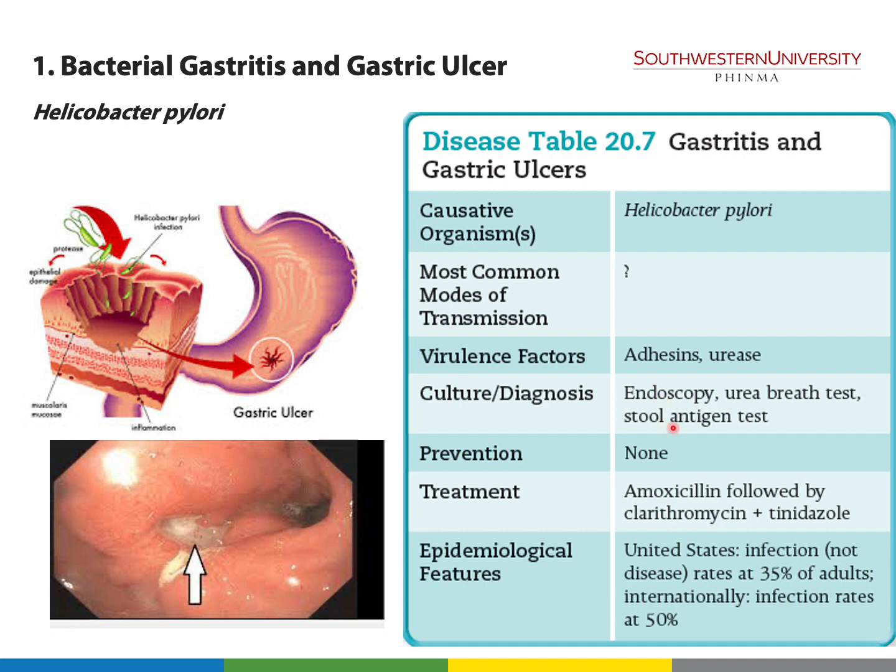The most reliable diagnostic test requires a biopsy of the tissue and culture of the organism. An interesting diagnostic approach is the urea breath test, in which the patient swallows radioactively labeled urea, and if the test is positive, CO2 labeled with radioactivity can be detected in the breath within 30 minutes.